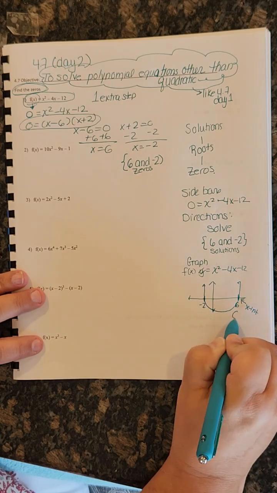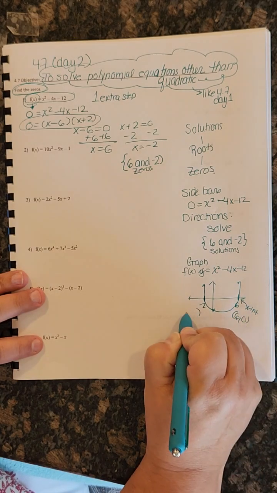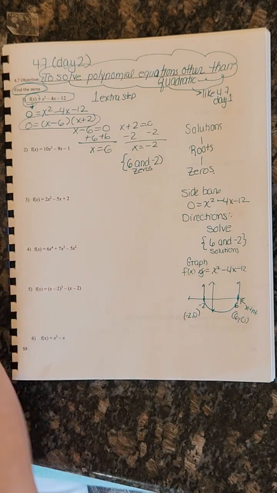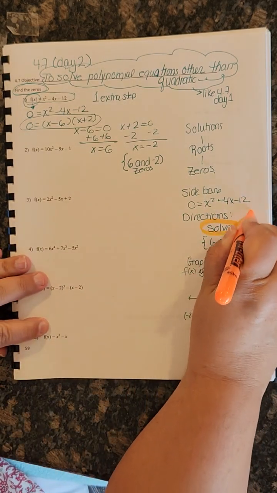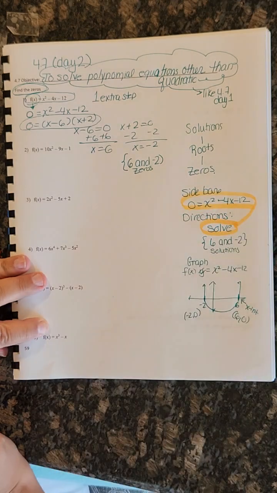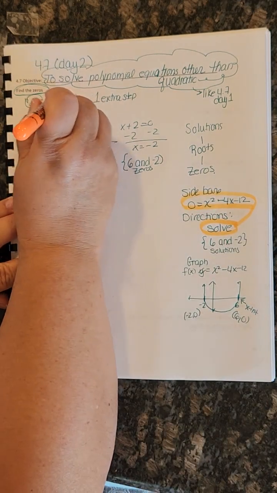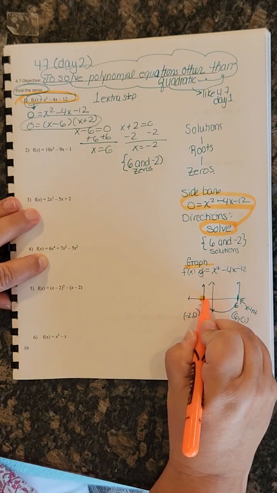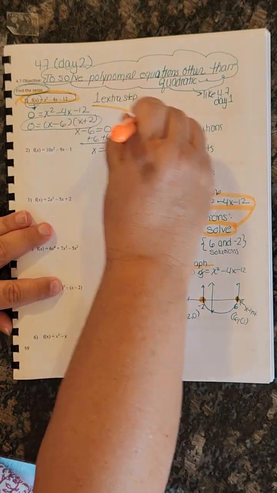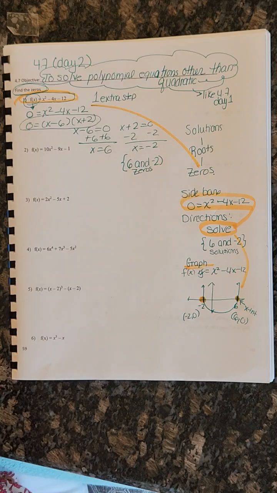So the x-intercepts would be 6, 0, and negative 2, 0. So remember, we're finding the solutions so that we can find the zeros, so that we can graph the x-intercepts. These are how these are all related.